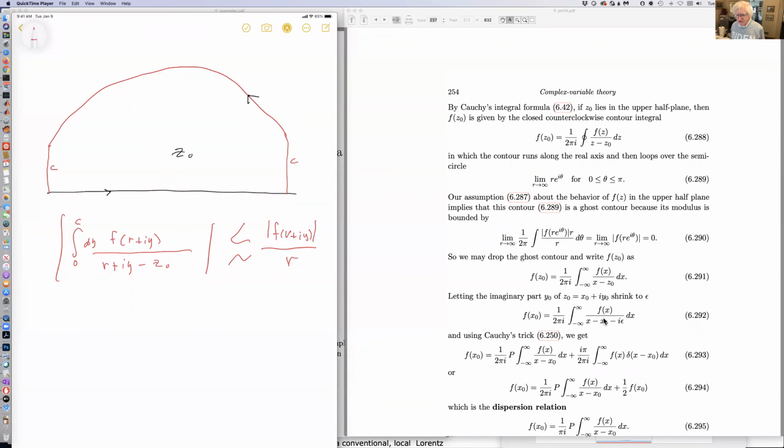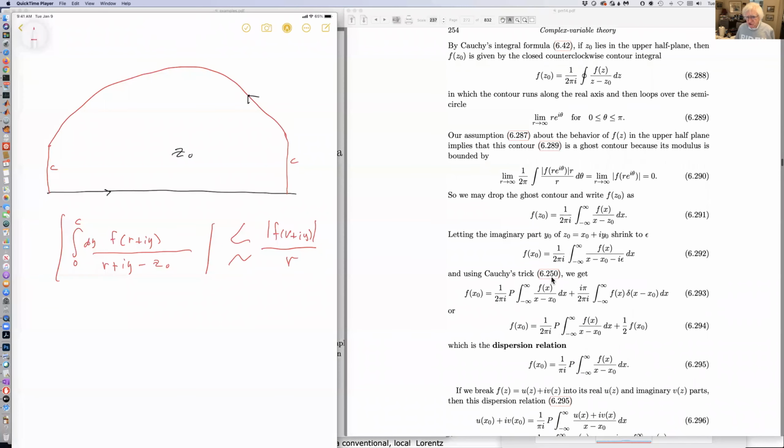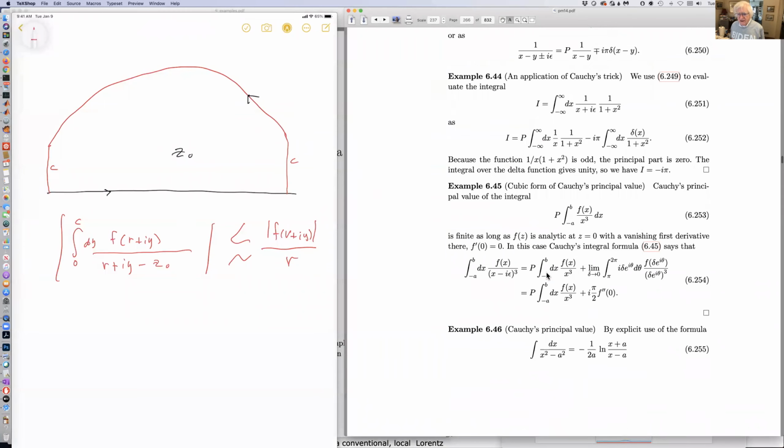And so we have this expression here. Now we use Cauchy's trick. And let me flip back to Cauchy's trick here, which is that 1 over x minus y plus or minus i epsilon is the principal part of 1 over x minus y, minus or plus i pi delta of x minus y. And damn, this thing keeps coming in the way.